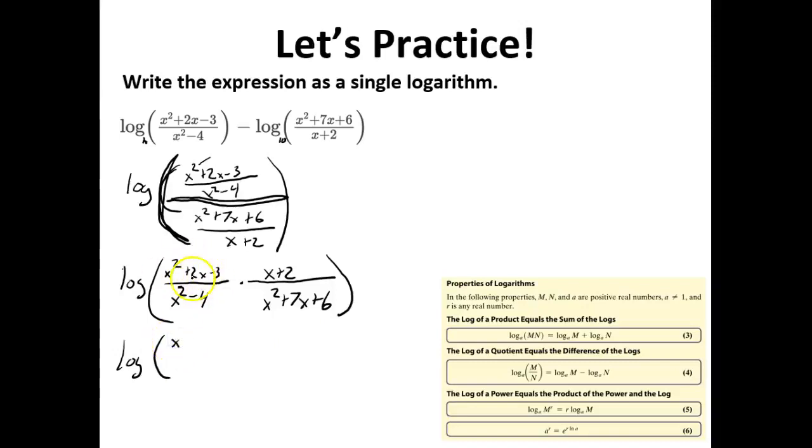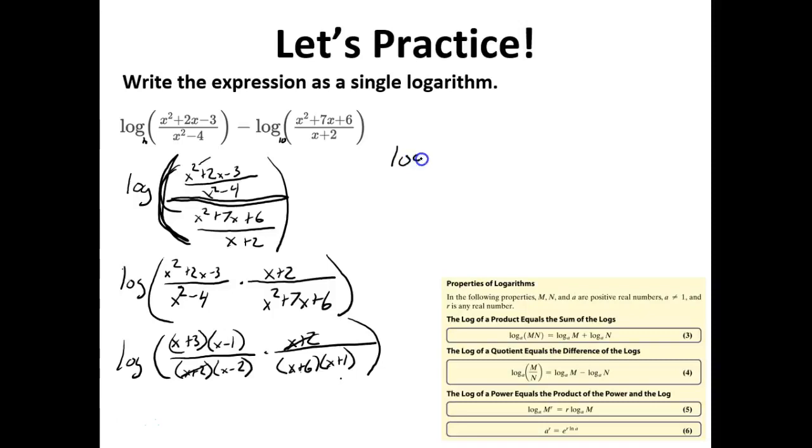The top of this one factors into x plus 3, x minus 1 over x plus 2, x minus 2 times x plus 2 over x plus 6 times x plus 1. I was hoping for more simplification, but in the end it looks like the only thing I'm going to be able to simplify is the x plus 2.